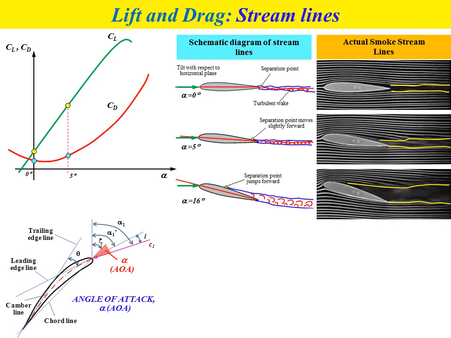You can see clearly the separation point jump forward in the actual photo of the wind tunnel result. If you look at the graph, at this point we have the maximum value of CL.